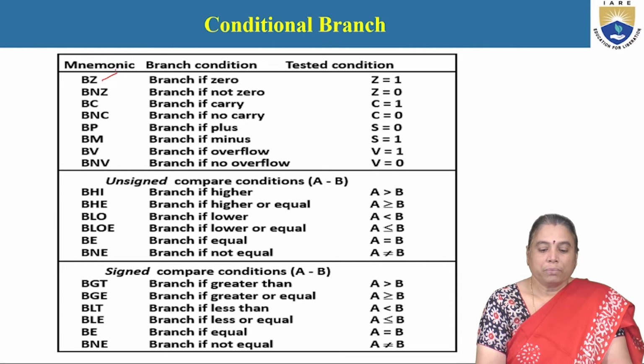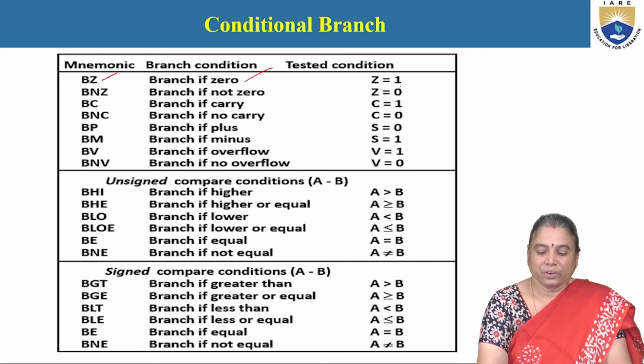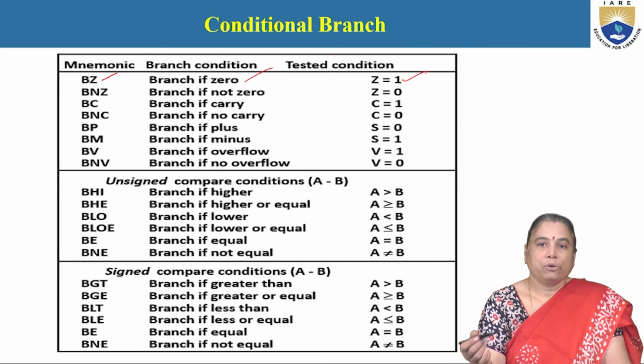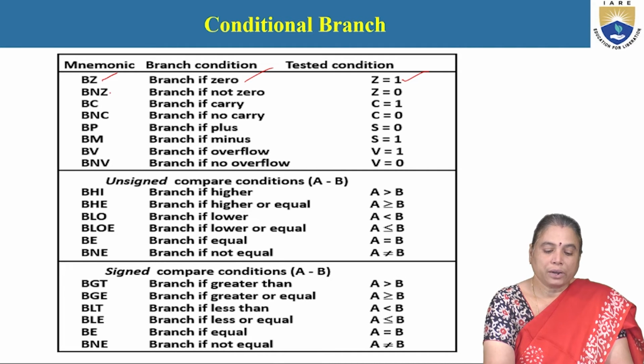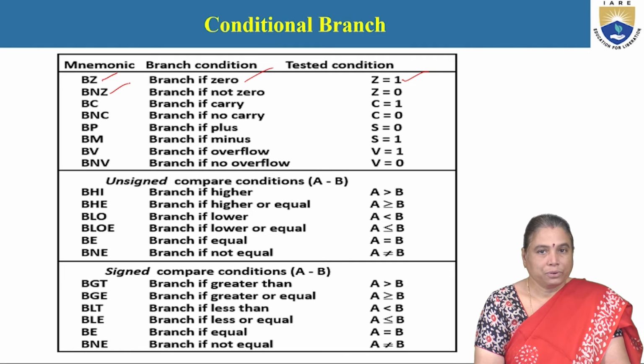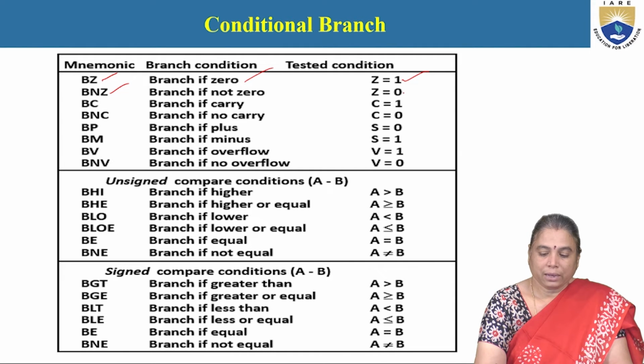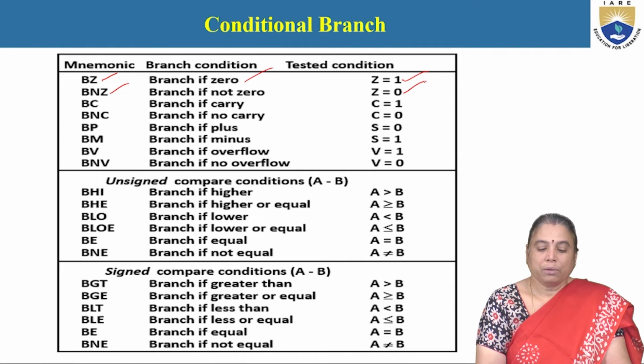BZ means branch if zero. The Z flag of the PSW is tested. If it is 1, then only the alteration of the program sequence can be done. Next is BNZ, branch if not zero. That means when Z consists of 0 value, the branch operation can take place.